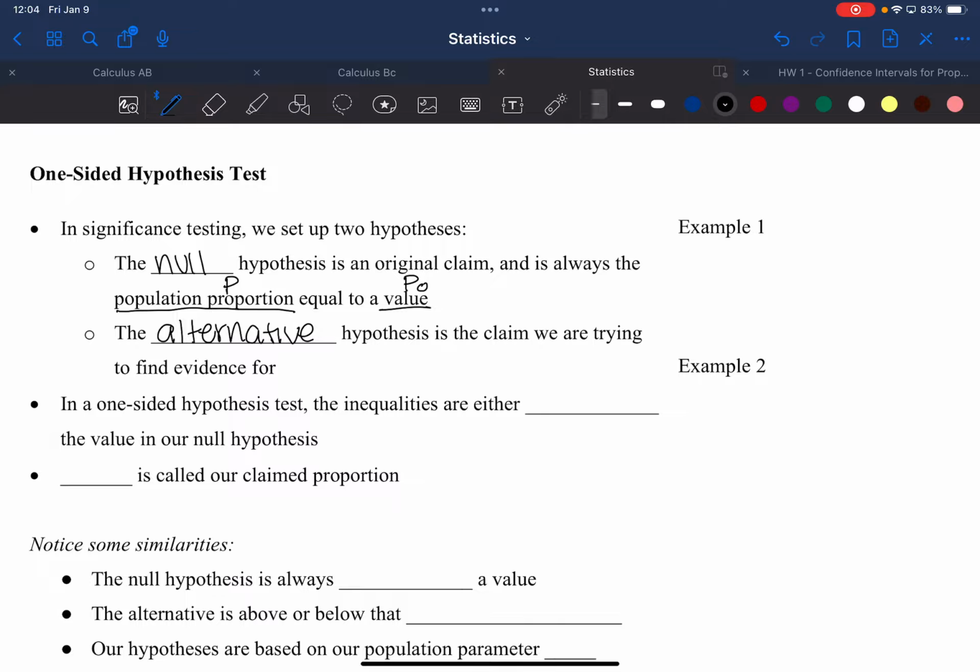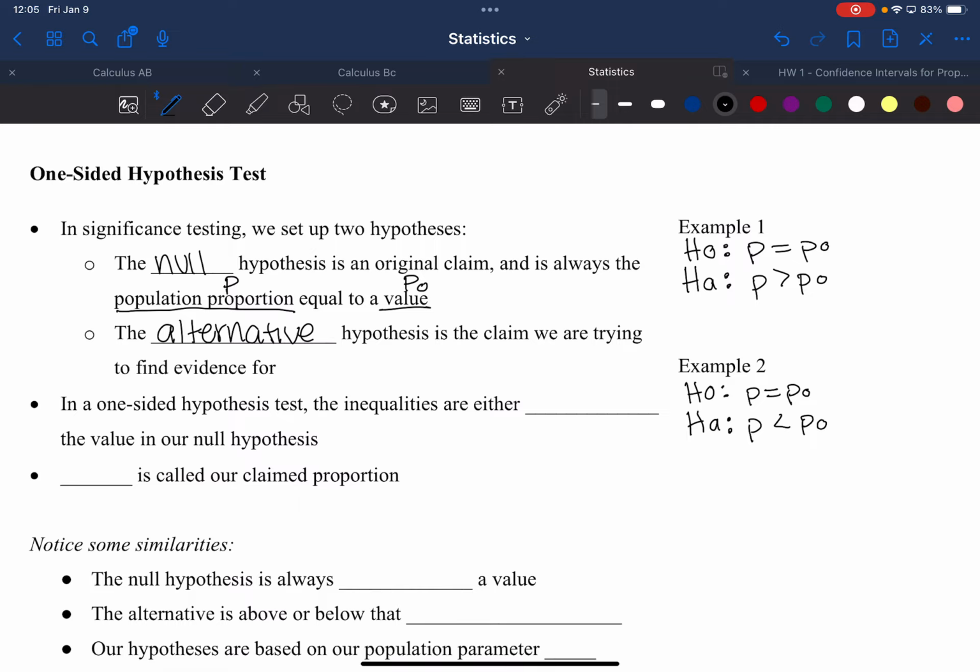So we could see that in 2 different ways. We could see that the null hypothesis is where P is equal to P naught. And notice in both of these examples, the null hypothesis never changes. It's always going to be P is equal to P naught. The only thing that's going to change is our alternative hypothesis. Since this is a one-sided test, we can have an alternative hypothesis where P is greater than P naught, or the other one, less than P naught.